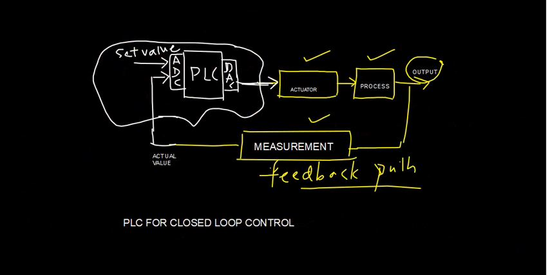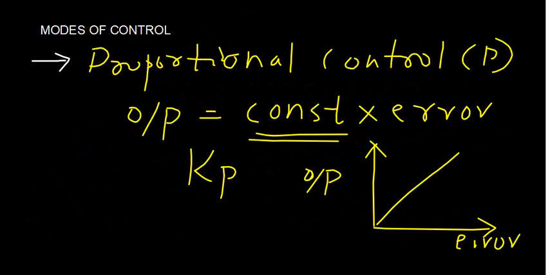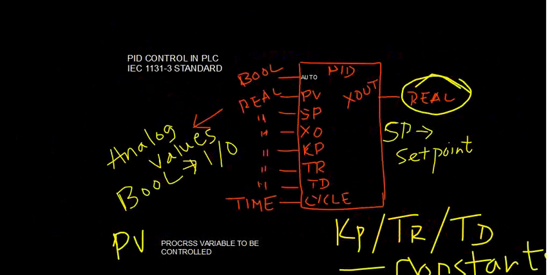As long as you keep things inactive, this will remain only as the proportional control. If you keep only the integral active, it will become proportional and integral control, PI control. If you keep all these three active, it will become a PID controller.